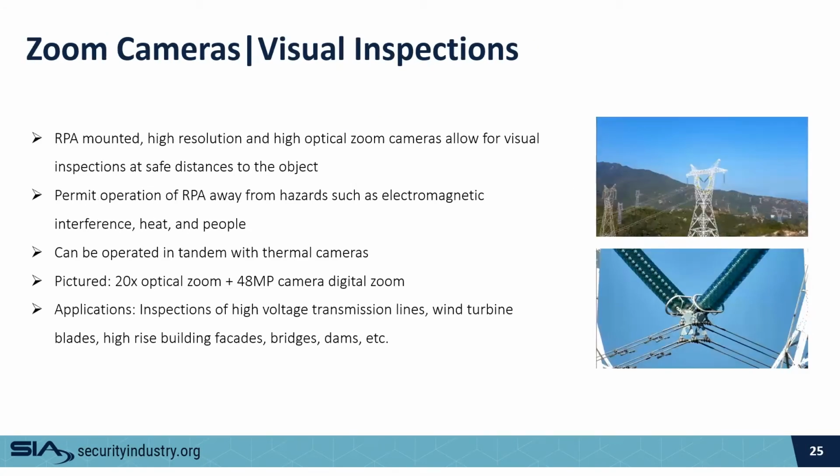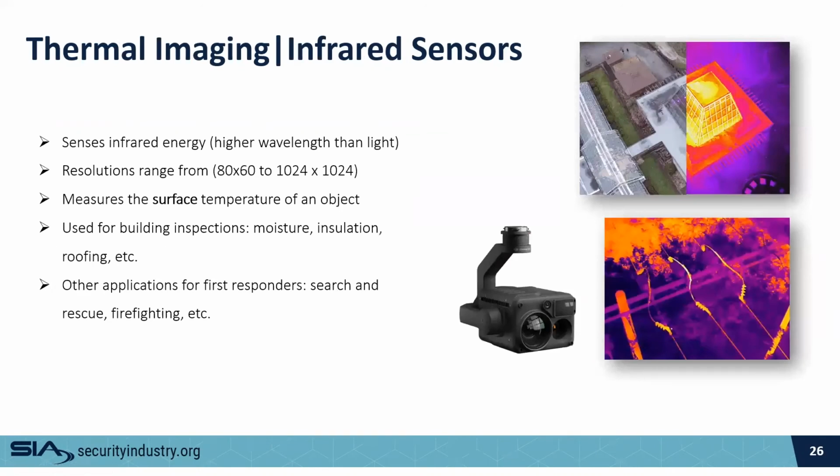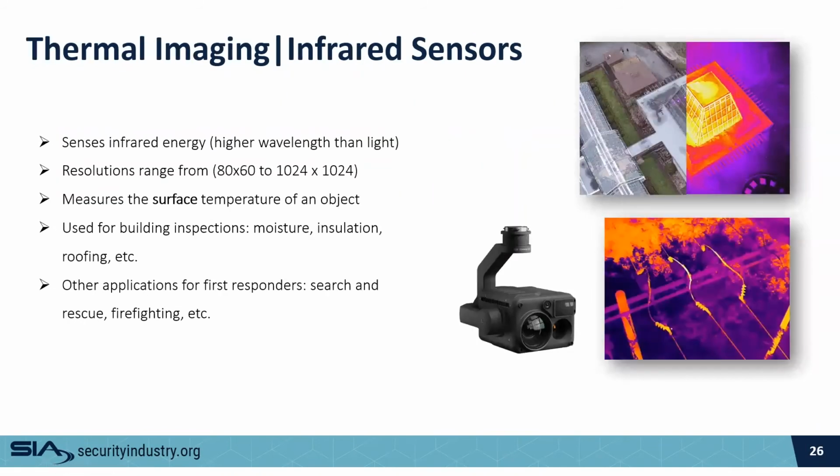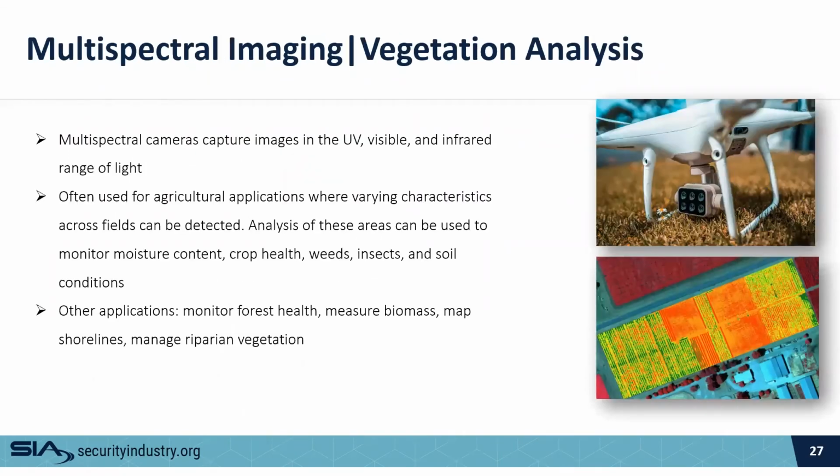As we spoke about already with zoom cameras for visual inspections, mounting high resolution cameras onto drones allows us to get very good detail on difficult to reach assets. Other types of sensing, whether thermal, infrared, or even multispectral, let us look at things like moisture, crop health, weeds, and insects, do some modeling and prediction, and look at methane.